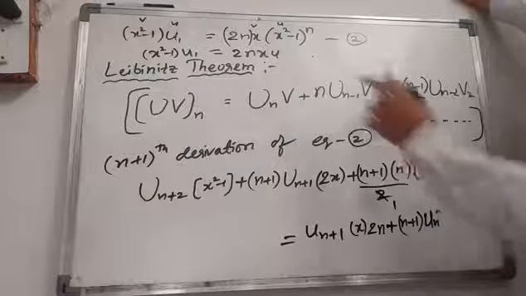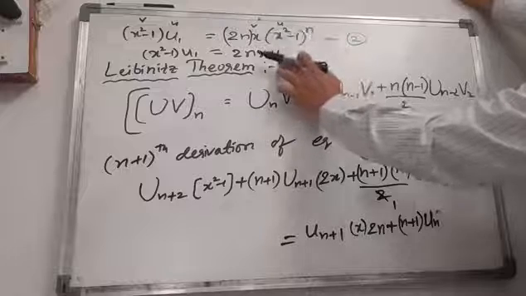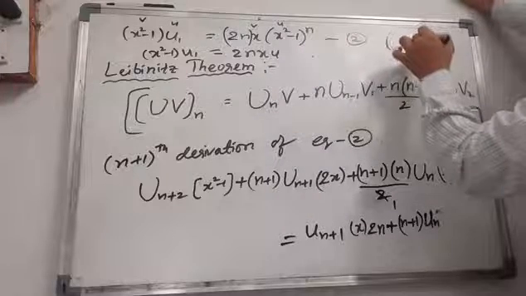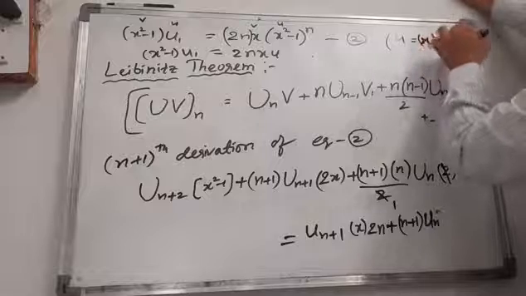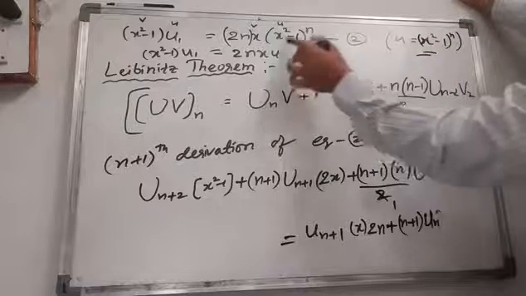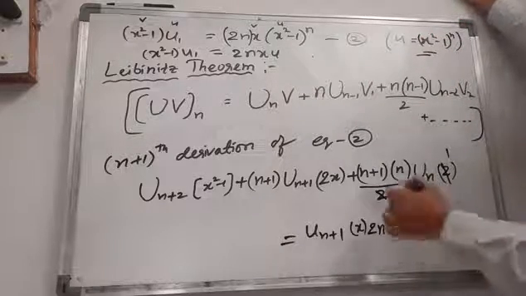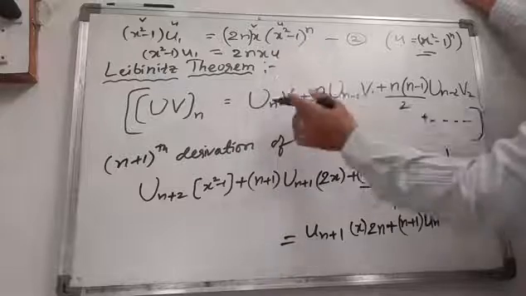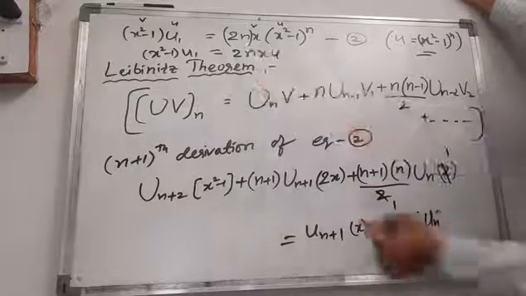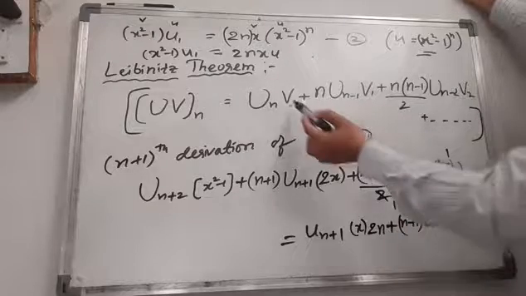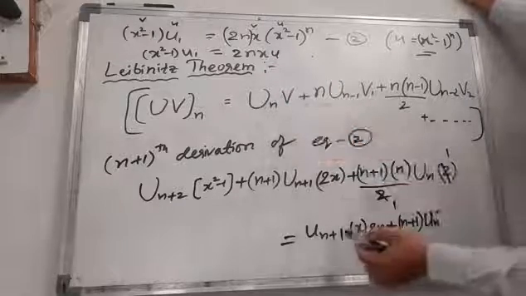Next, why I wrote (x square minus 1) whole power n is equal to u: we already know that we have taken u as (x square minus 1) whole power n. That's why I have substituted here, right? So I am now differentiating this using the Leibniz theorem. The first term is u_(n+1) and this is the constant 2n, so 2n as it is. x should be v only, so x you take as x only.